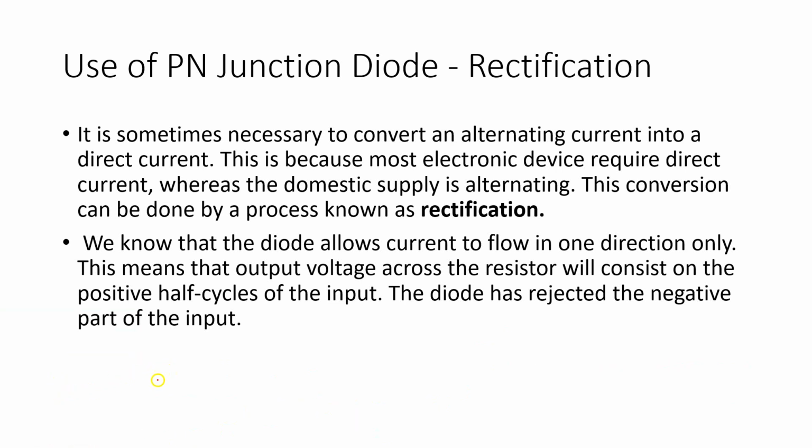So as we said, diodes allow current to flow in only one direction. So this means if I were to take an alternating current, and let's just for sake of argument, let me draw a simple circuit.